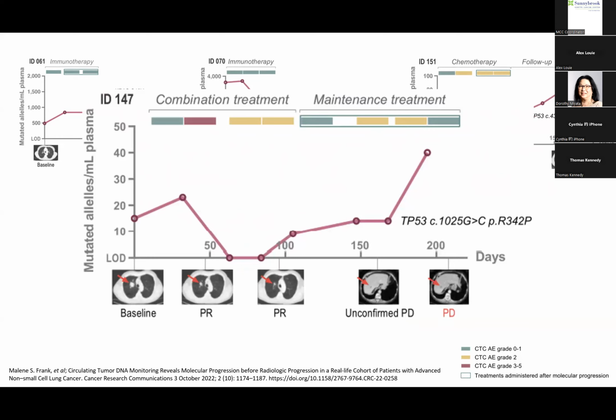Next, this 66-year-old patient had radiographic partial response with a consistent decrease in ctDNA, persistent partial response on radiographic, but continuing increase in the ctDNA with unconfirmed progressive disease initially, followed by confirmed progressive disease.